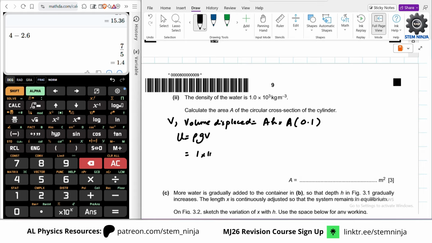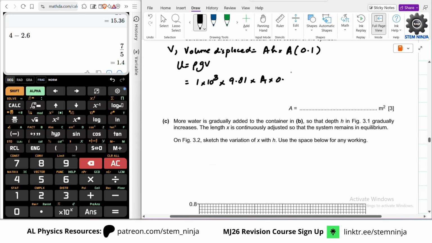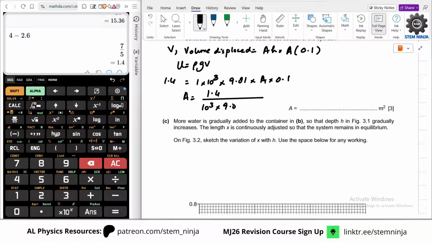Rho is 10 raised to power 3. g is 9.81. V is A times h, which is 0.1. And upthrust was 1.4. So A would come out to be 1.4 divided by 10 raised to power 3, 9.81 times 0.1.